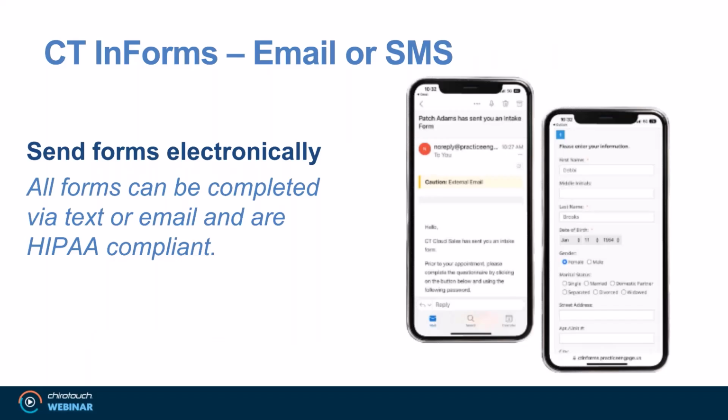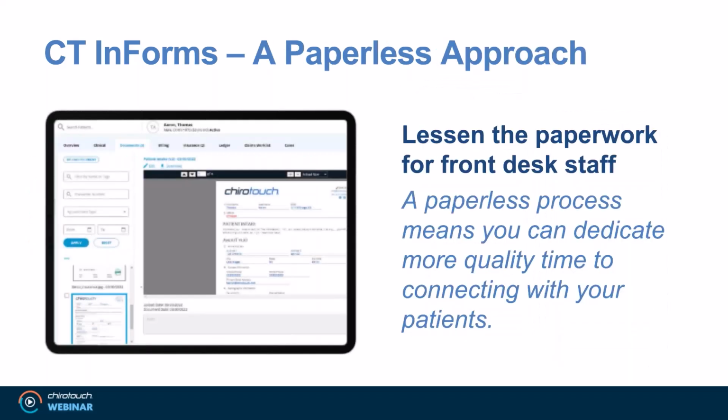which now if you have walk-in patients, the walk-in patients could scan the QR code, fill it out on their smartphone, or if a patient had not completed a form when they arrived at the office, you could have them scan that QR code and go ahead and complete their form. It does, as I stated earlier, do a lot of data entry and lessen the paperwork for the front desk.